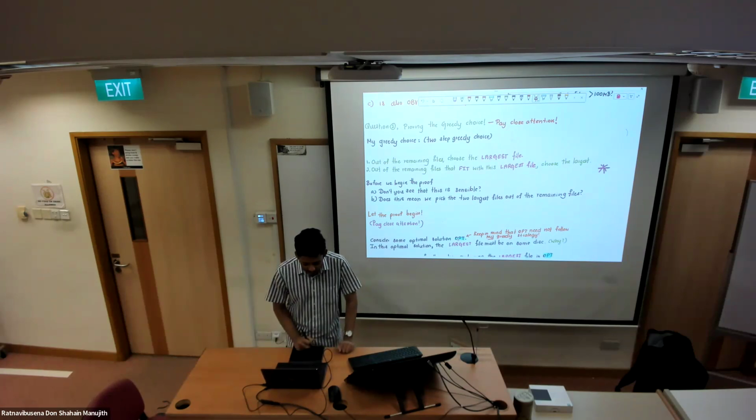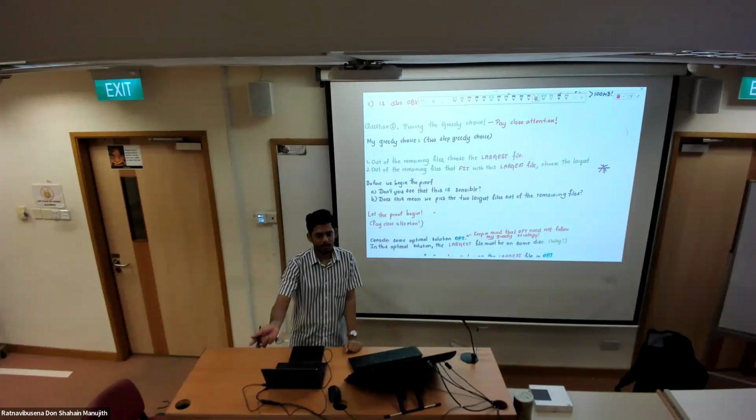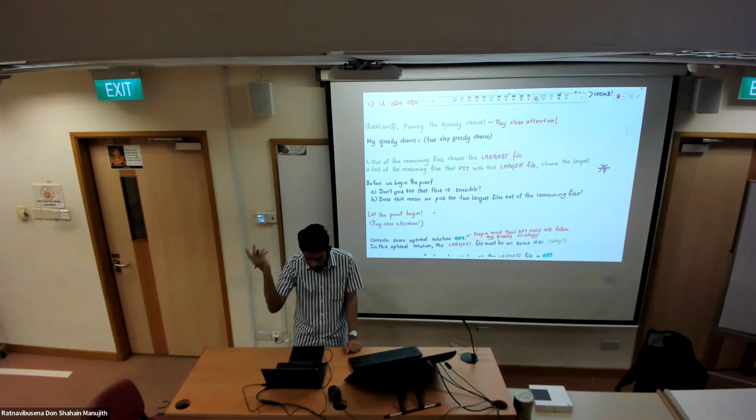If it did not follow our greedy choice for step one, then we perform an exchange, which I'll talk about later, and perform this greedy step on OPT while not hurting its optimality. That means even if you do your greedy step, the optimality of OPT is not hurt, so it is safe to do the greedy step.